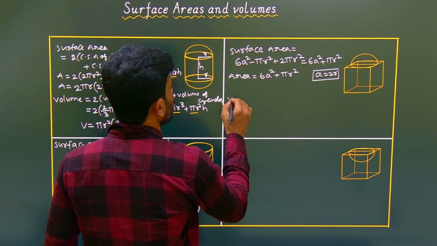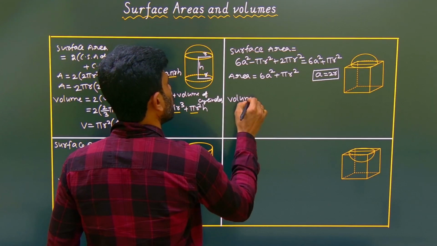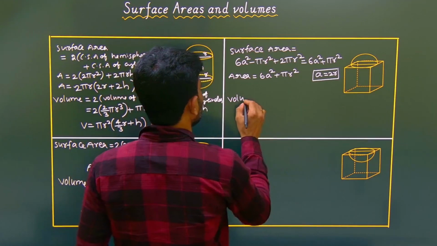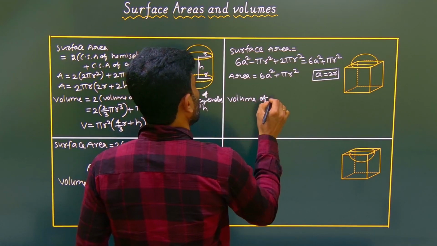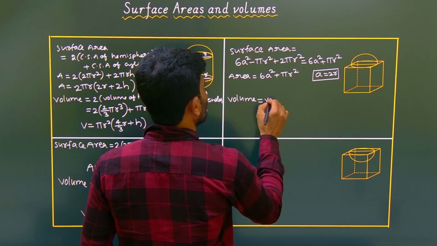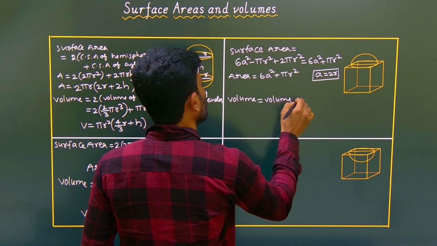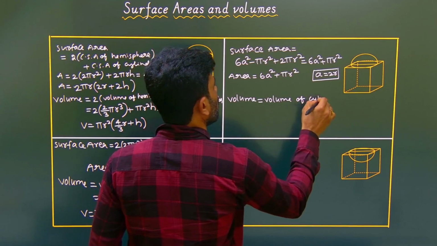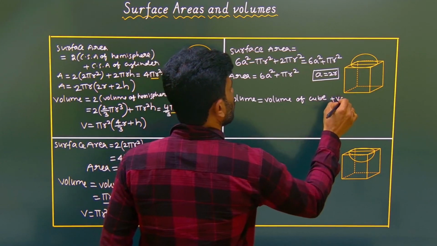Now volume, what happens here? We have to add both. Volume of combination of solid is equal to volume of cube plus volume of hemisphere.